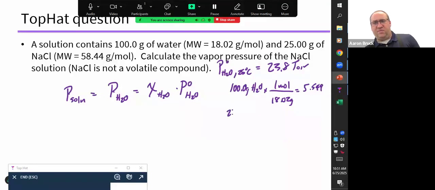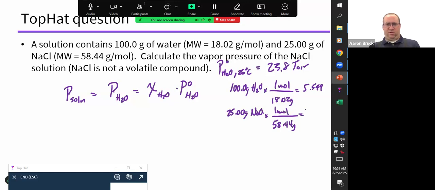And the 25 grams of sodium chloride, we need to convert that. So 25 divided by 58.44, we get 0.4278.